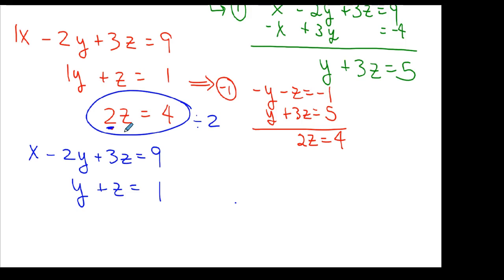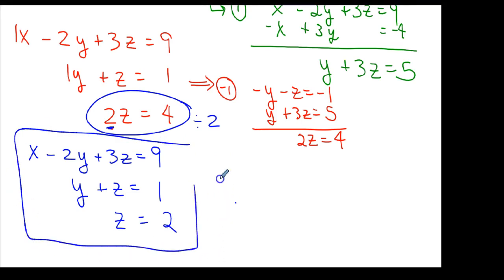So 2z divided by 2 is 1z, and 4 divided by 2 is 2. We have now transformed the original system into row echelon form, and it can easily be solved using back substitution.